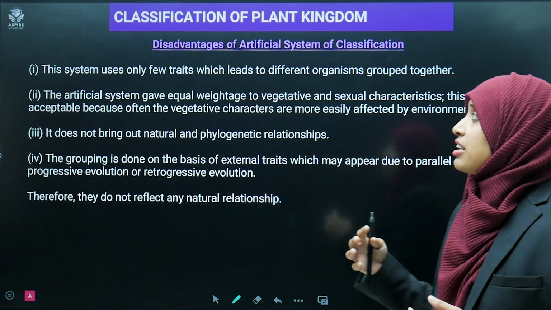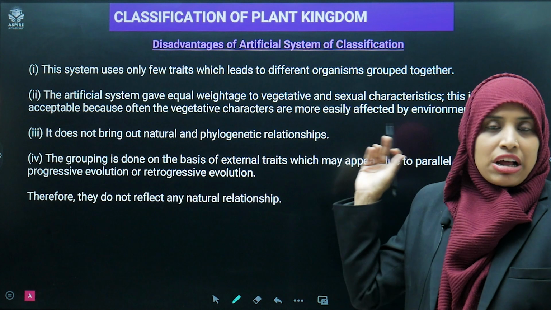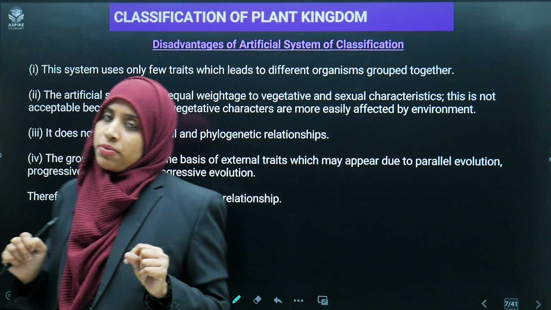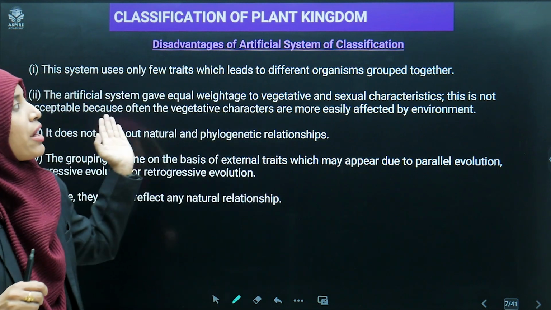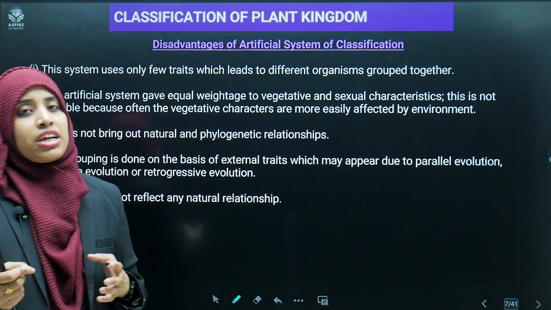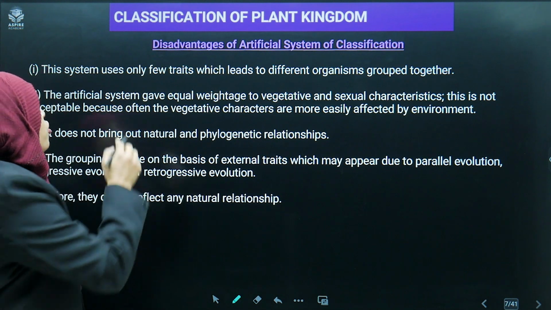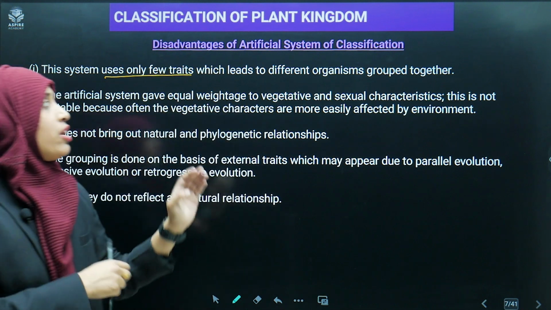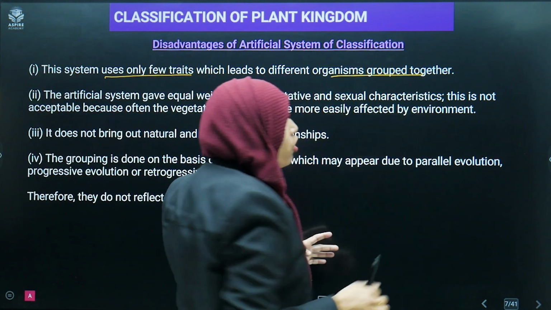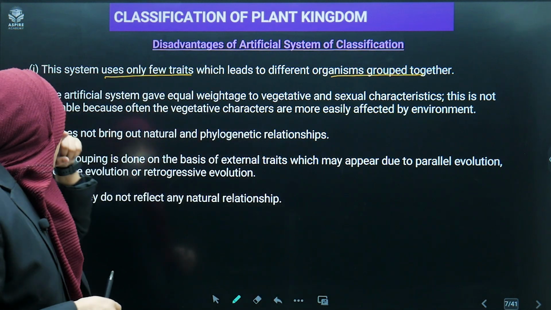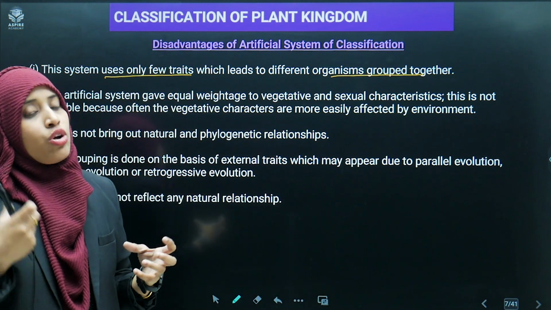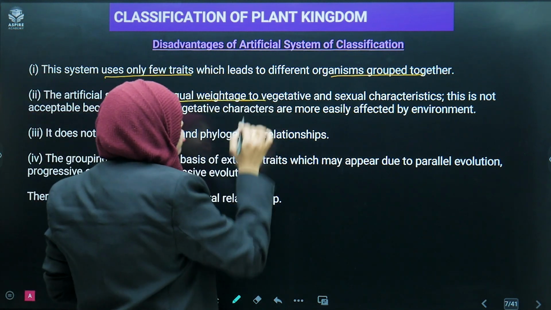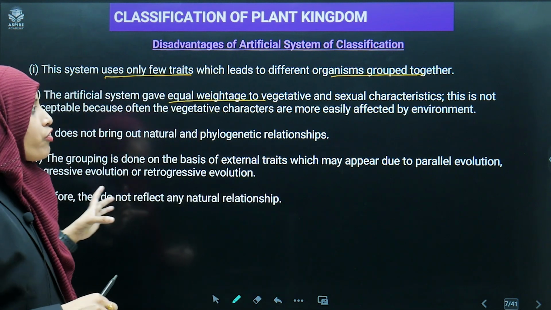Now there are a few disadvantages also. The artificial system of classification has some disadvantages. This system uses only a few traits. We studied few traits in the advantages, where studying a few characters made the study easier, but still, since it used only a few traits, different organisms were grouped together. Many organisms were put in the same category because many characters were not compared. Then the artificial system gave equal weightage to vegetative as well as sexual characters of the plant.